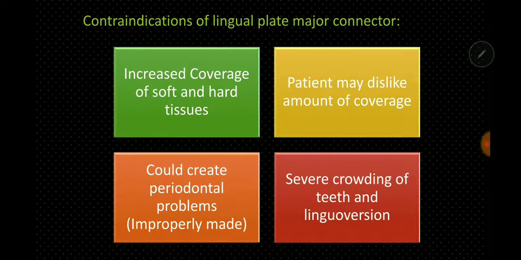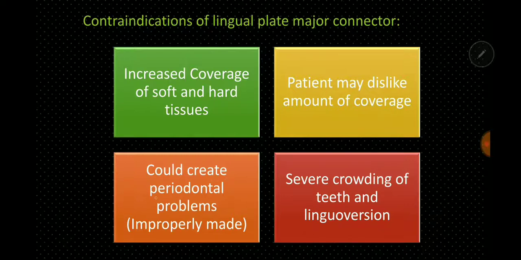The contraindications for a lingual plate major connector: if there is increased coverage of soft tissue and hard tissues, then don't use a lingual plate. If the patient dislikes the coverage, because the lingual plate is going to cover the soft tissues.